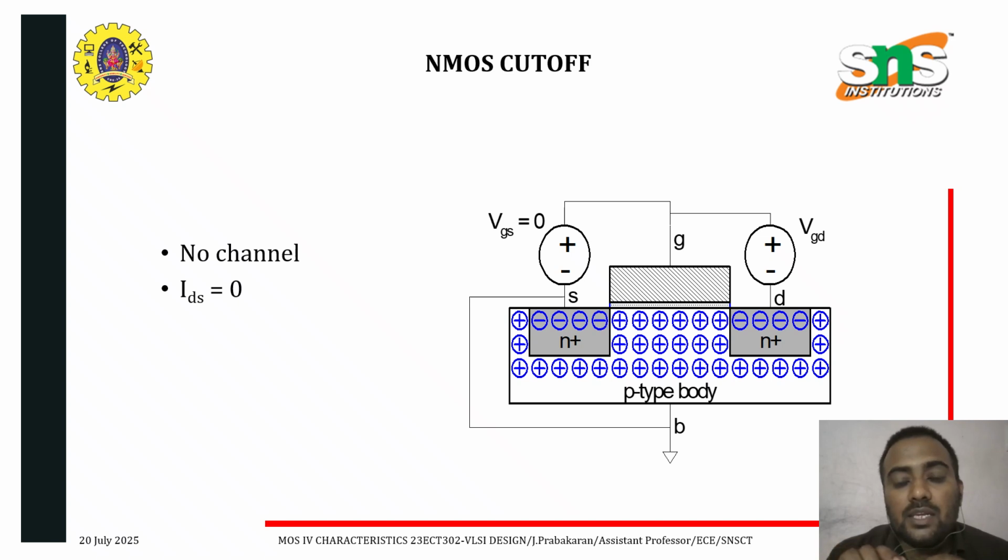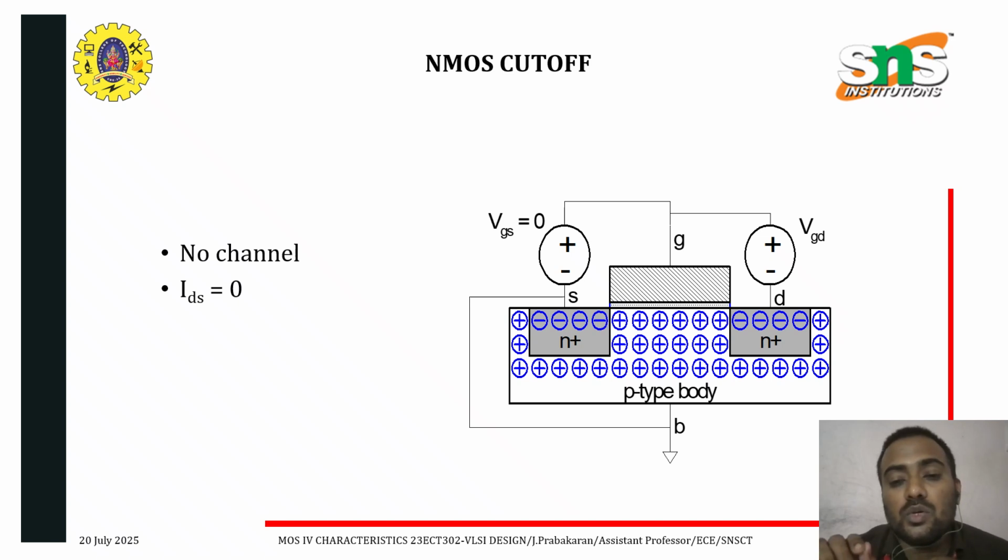In between gate and source terminal, the voltage is VGS. Similarly, gate to drain terminal voltage is represented by VGD. Okay, there are three terminals: source, gate and drain terminal.